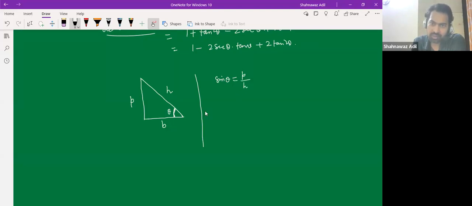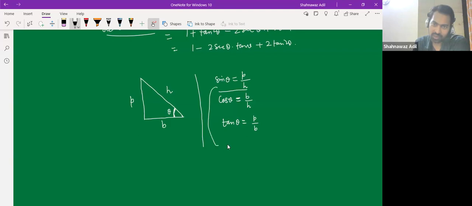What is cos theta? Base by hypotenuse. And tan theta is what, Abir? Perpendicular by base.